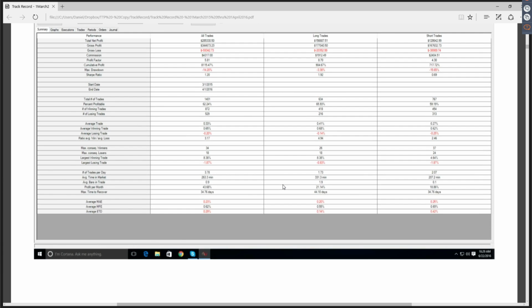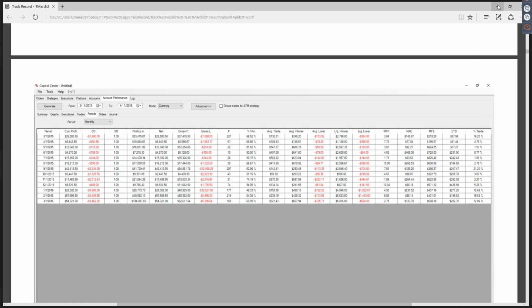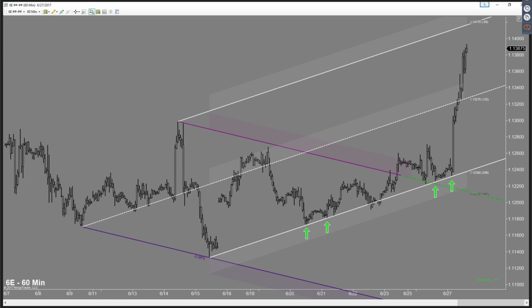All right, so I'm not going to waste any more time on a sim account. And let me do this before moving on. Anytime you show a sim record, you want to show the disclaimer here. Let me do that. Hang on one second.